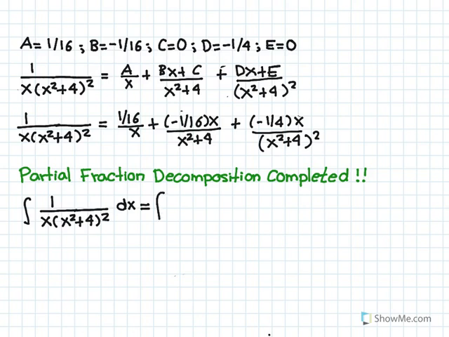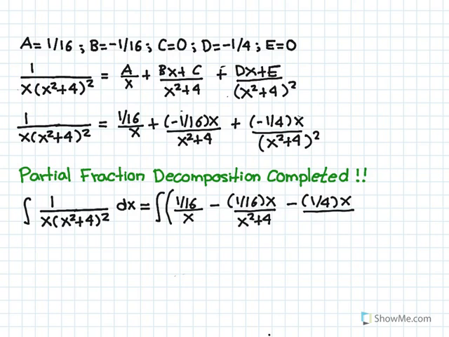So now the partial fraction has been completed, we can do the integration. So we have the integral of 1 over 16 divided by x minus 1 over 16 x divided by x squared plus 4 minus 1/4 times x divided by x squared plus 4 all squared dx. Now let's split up the integrals and pull the constants outside.